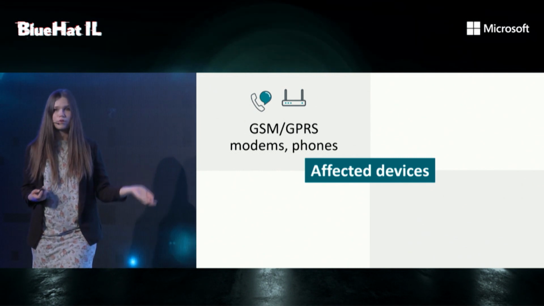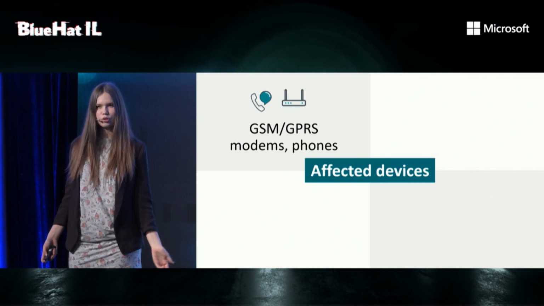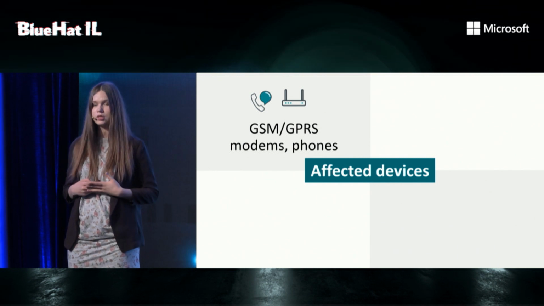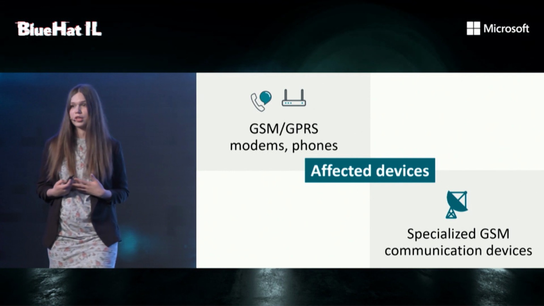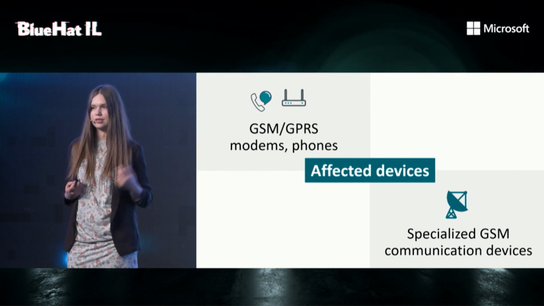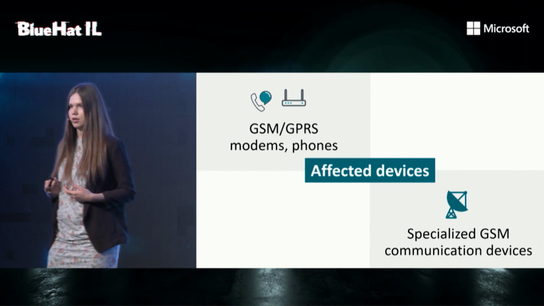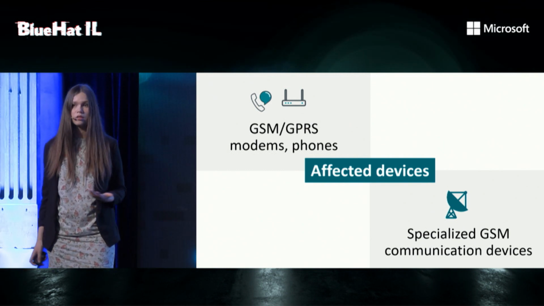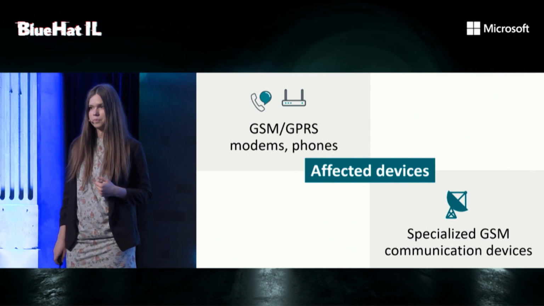But then also, if you consider the types of victims that ATTOR is after, which is also some high-profile users, these can be some governmental organizations, and they can use some specific specialized GSM communication devices, or basically any other devices that satisfy these conditions. The attackers behind ATTOR could have learned about these specific devices using other reconnaissance methods, and we can only guess what types of devices these are.